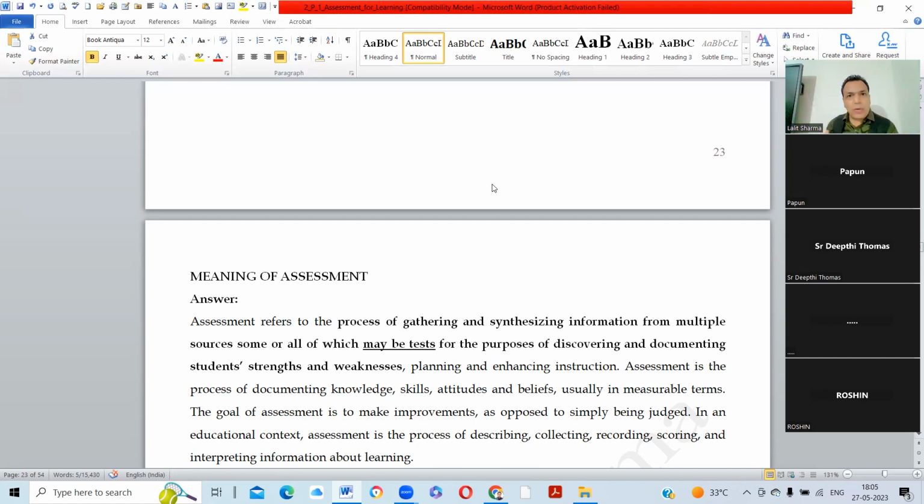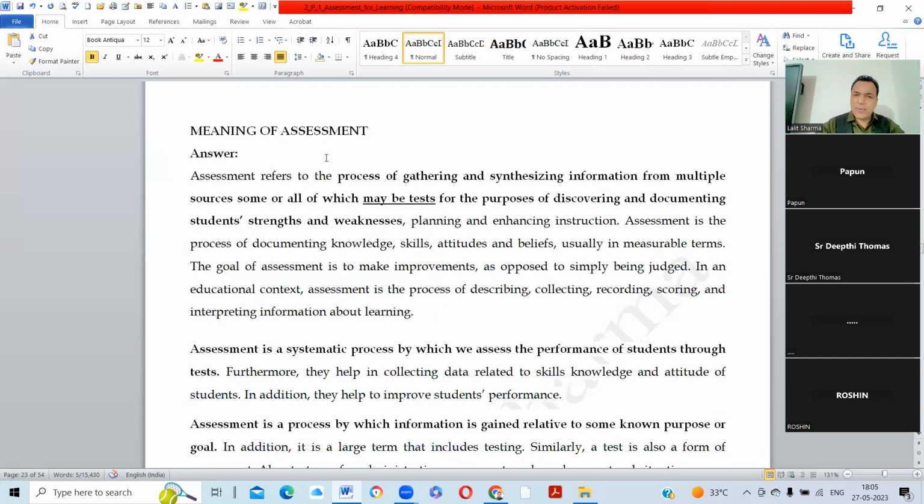It means, what would be the result of a CCE? The result of a CCE would be that we can work on all areas of the learning domain of the student, whether it be cognitive, affective, or psychomotor. These are all the things. So it's a very good note, you can learn it. Okay, guys, the meaning of assessment, right?